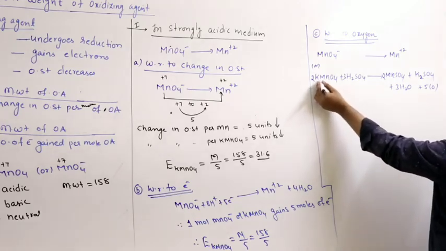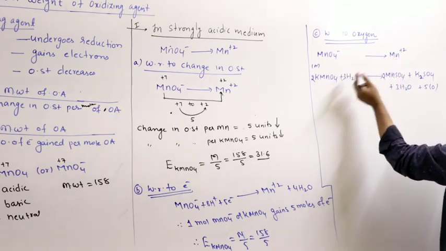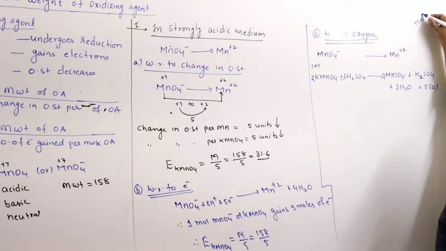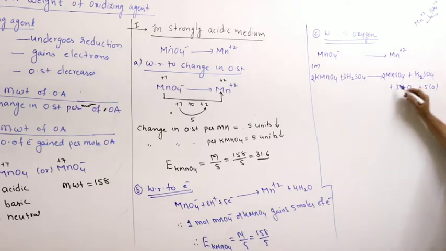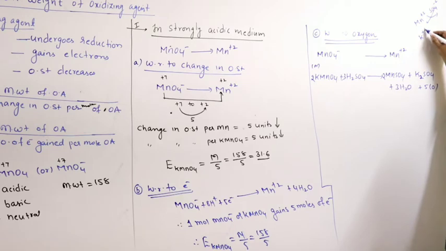Potassium is a simple spectator ion. Manganese plus 7 is changed to plus 2, and plus 2 combines with sulfate ions, SO4 minus 2. By the crisscross method, MnSO4. Potassium will not change its oxidation state, plus 1 only.